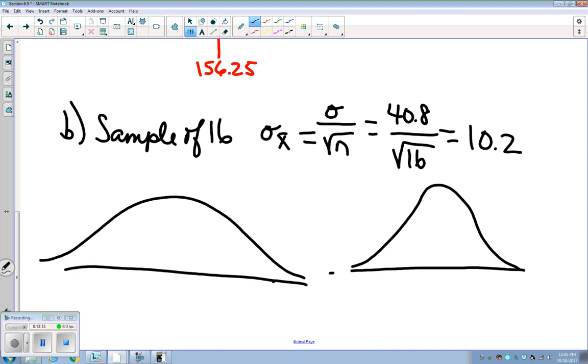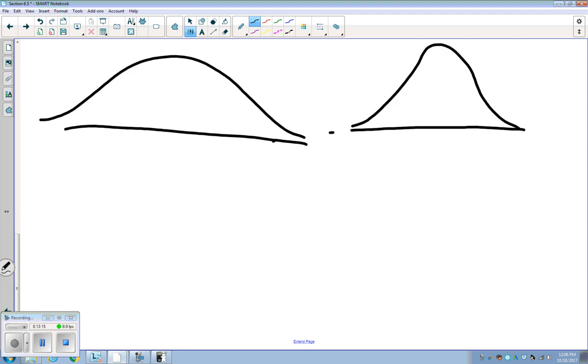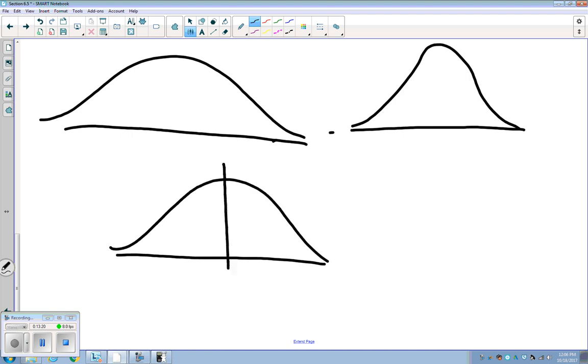So now, what's the mean? 182.9. I can't remember these numbers. But now my standard deviation is not 40.8.